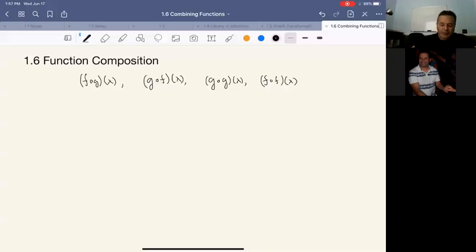Now, the domain has a little bit, it's very similar to how the division worked. You have to consider the domain of the final expression and consider the domain of the inside.